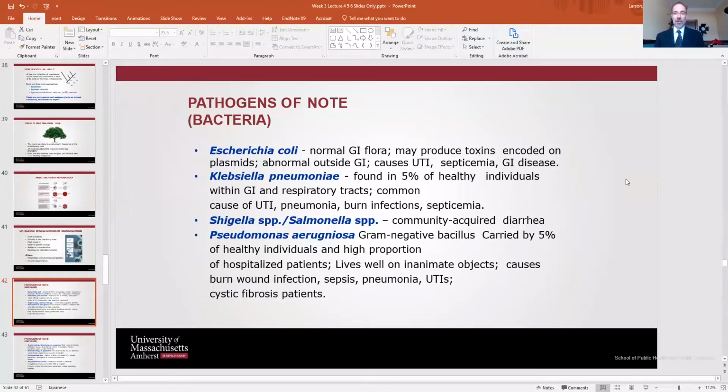Shigella, community-acquired diarrhea. Pseudomonas aeruginosa, gram-negative bacillus carried by 5% of healthy individuals and a high proportion of hospitalized patients. Lives well on inanimate objects, causes burn wound infections, sepsis, pneumonia, UTIs, and infections in cystic fibrosis patients.